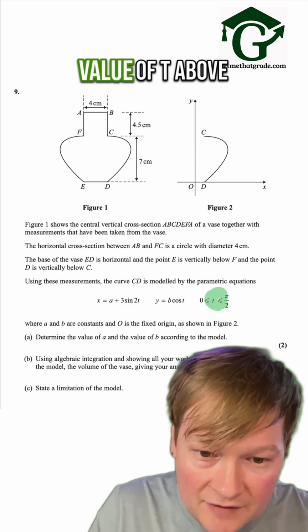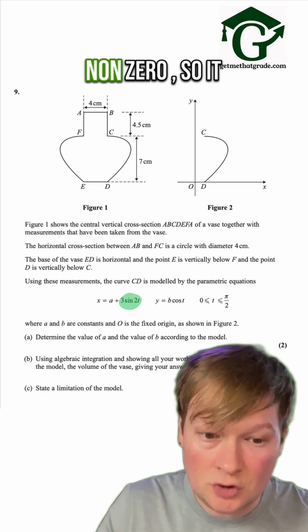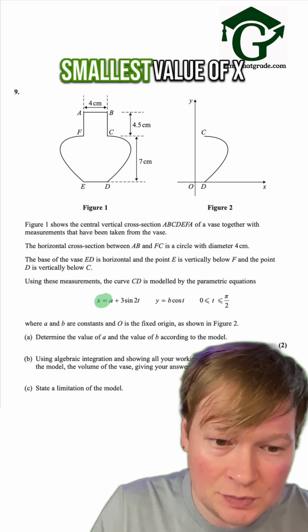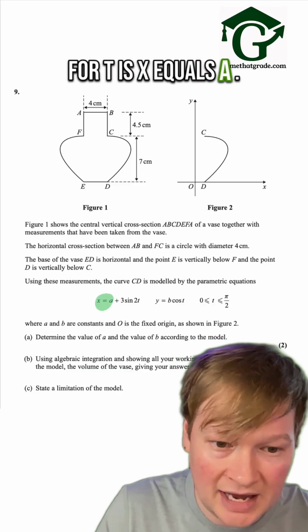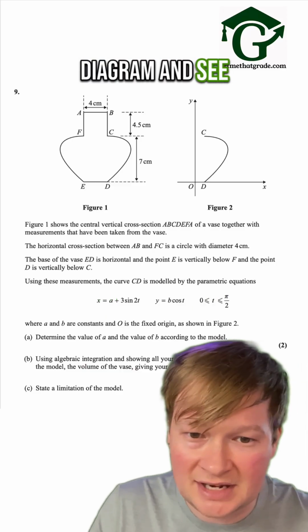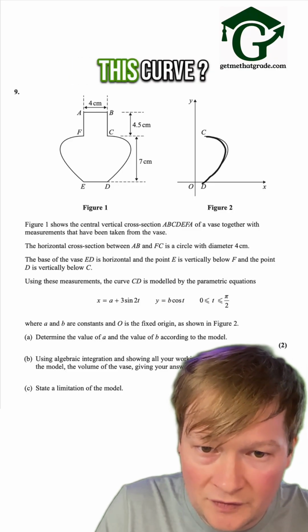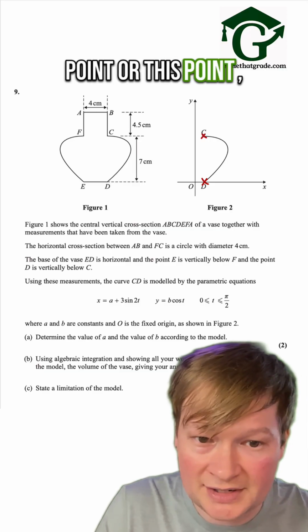Now any other value of t above 0 will mean that this part is positive and non-zero, so it'd be adding something onto a. So the smallest value of x on this interval for t is x equals a. Let's look at the diagram and see what that would be. What is the smallest value of x that we have on this curve? Well, that's at this point or this point, both the same, right?